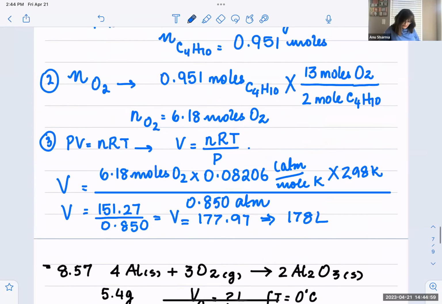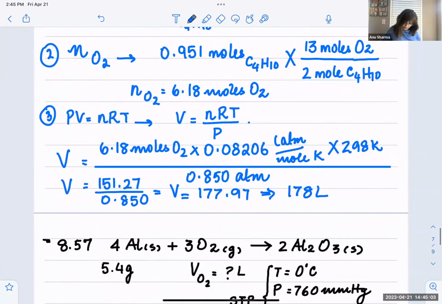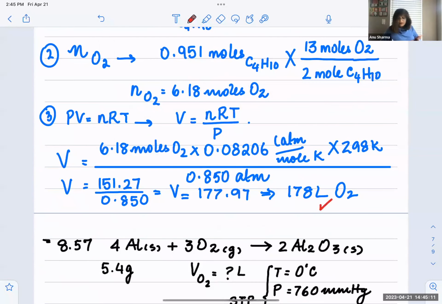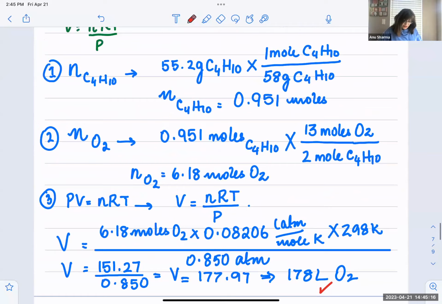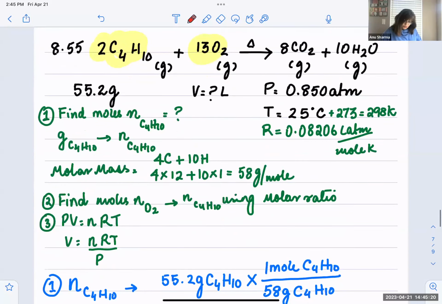Okay, this is problem number 55, and that is 178 liters of oxygen, and that answer is also correct. So that is using the reaction stoichiometry to do the problem.